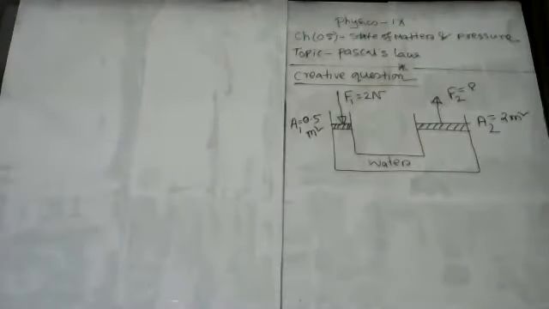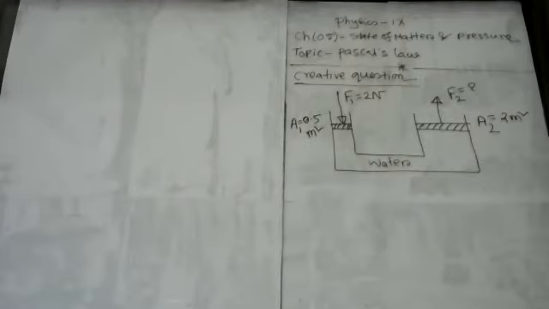Now you see that there are two pistons: one is the small piston and the other is the large piston. At the small piston end, the applied force is F1 equal to 2 Newton, and the area of cross section A1 is 0.5 meter square.